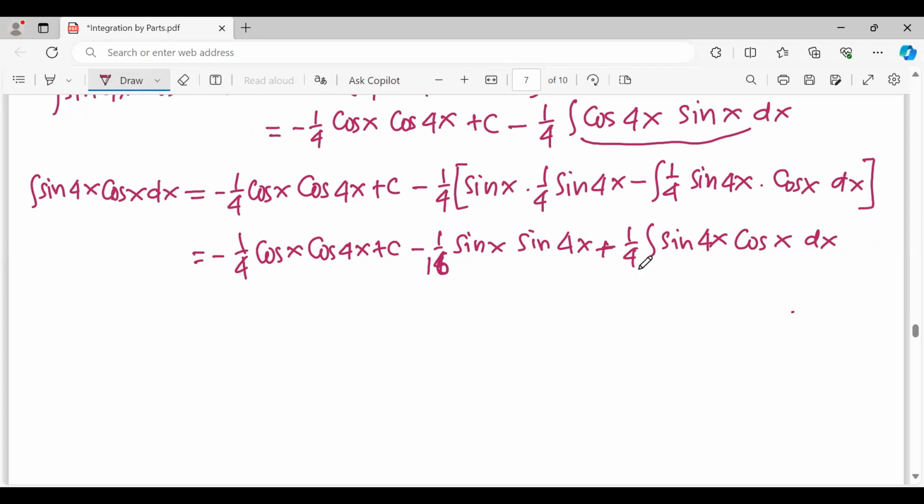Now this term, we're moving to the left side.